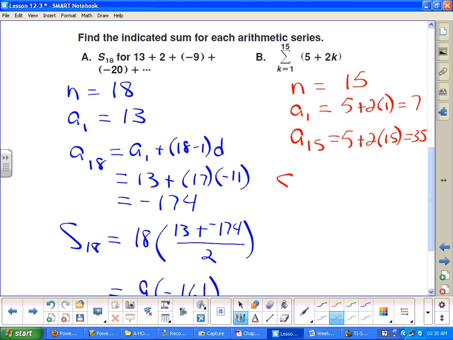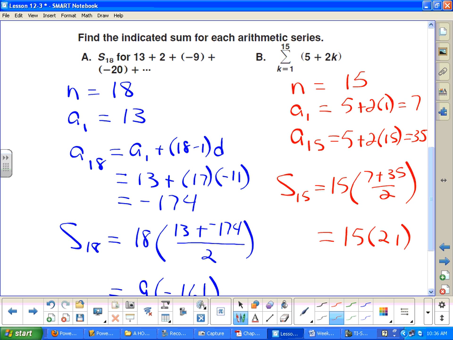So to find s sub 15, there are 15 terms, so do 15 times 7 plus 35, divided by 2. Another problem I can do in my head. What's 42 divided by 2? 21. So this is 15 times 21.